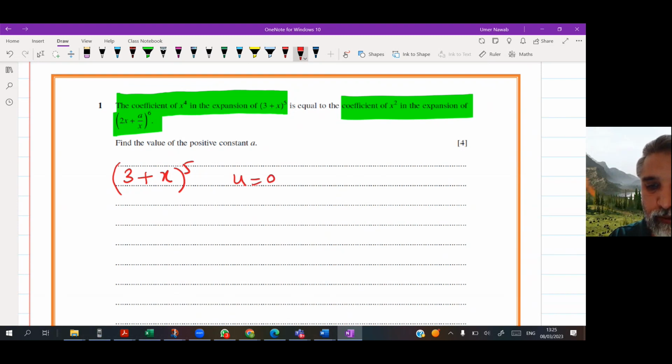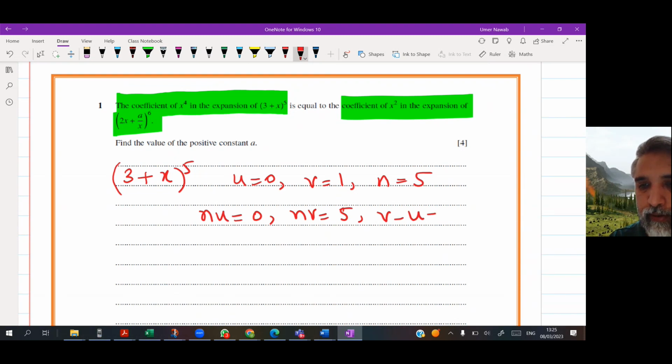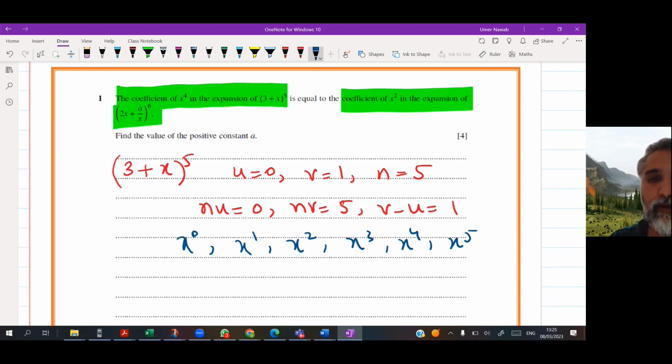Your u is equal to 0, v is equal to 1, your n is equal to 5, and n times u is 0, n times v is 5. V minus u is 1. Powers are 0, 1, 2, 3, 4, 5.